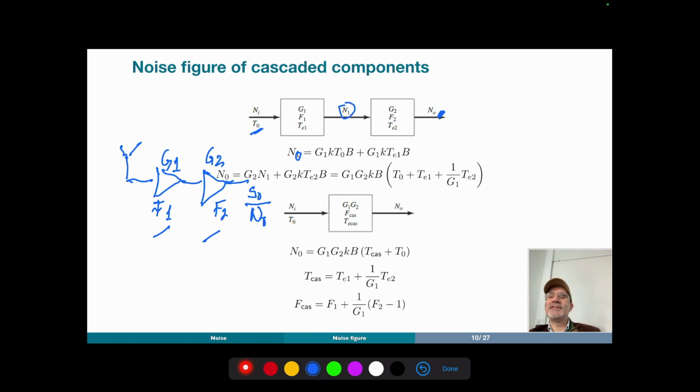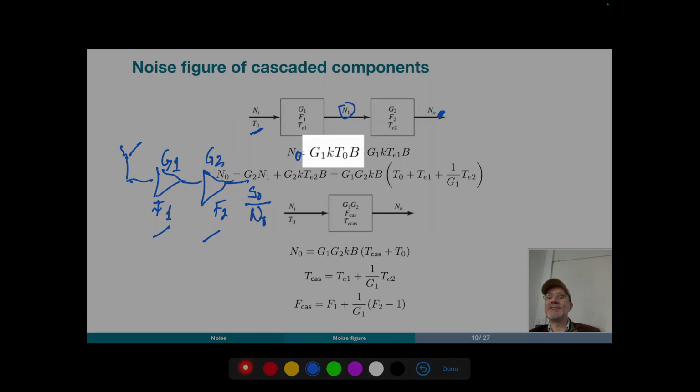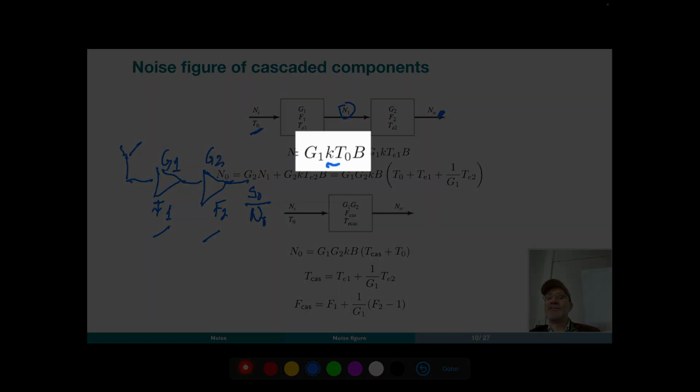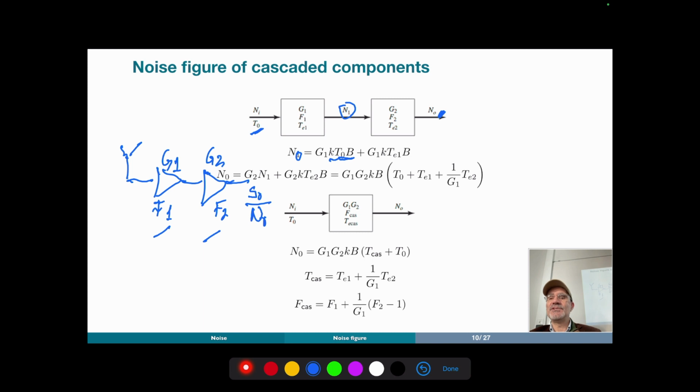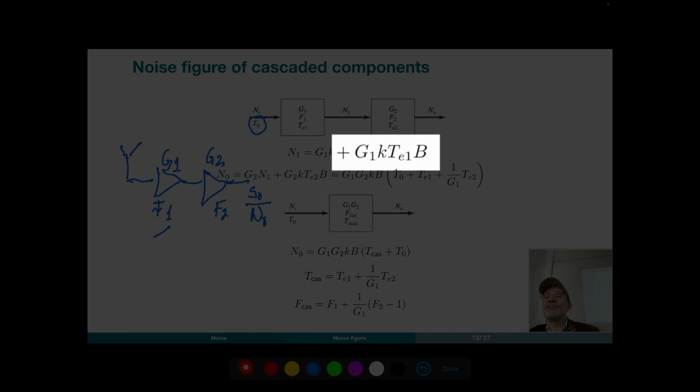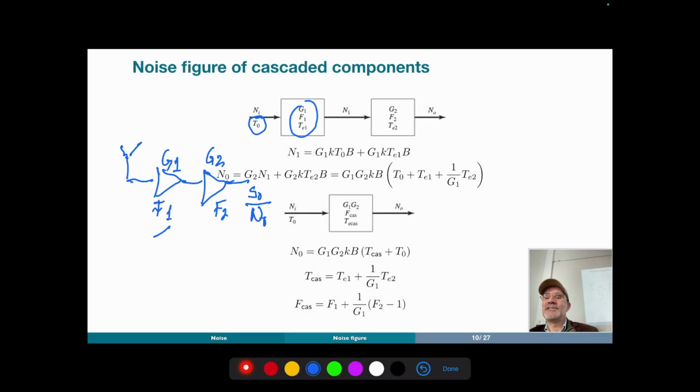The noise at the output of the first stage is the noise at the input, which is this factor here, assuming that we have a noise temperature T sub naught, which is 290 Kelvin, multiplied by the gain, which gives us the total noise, plus the noise associated with the first amplifier.